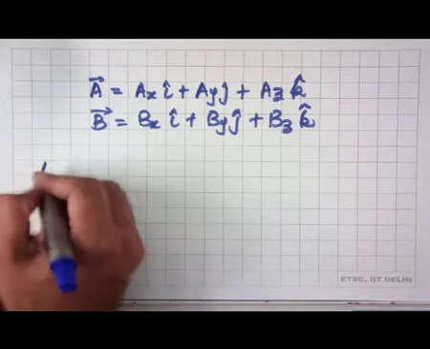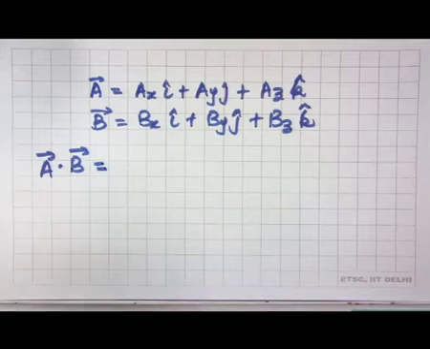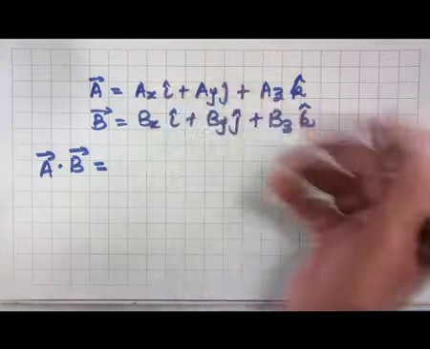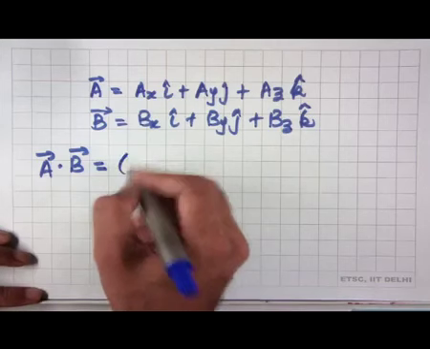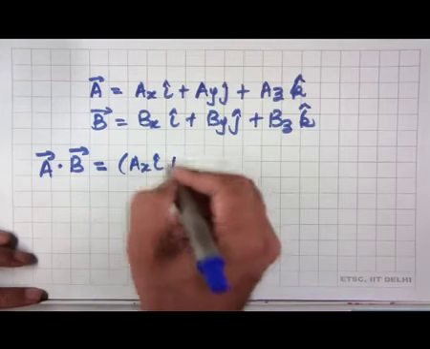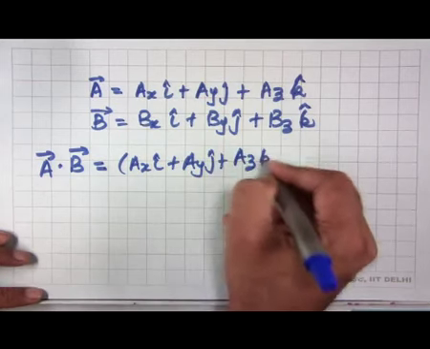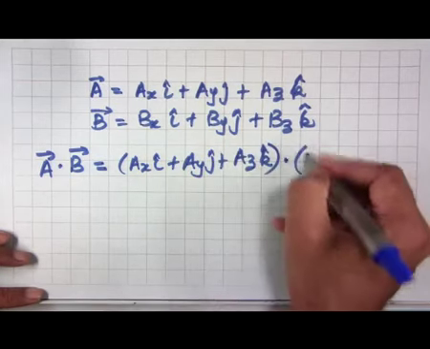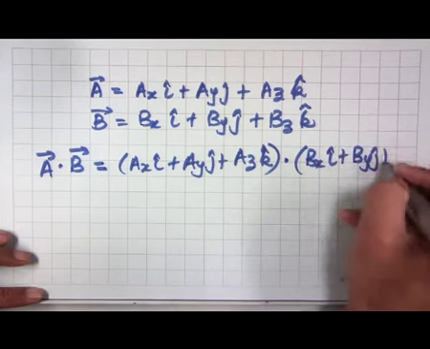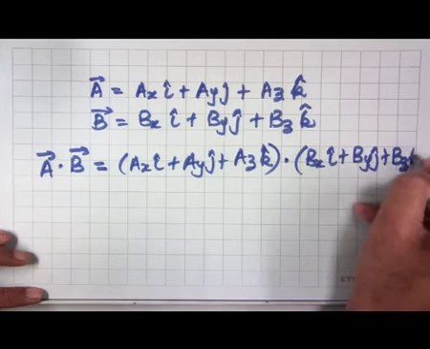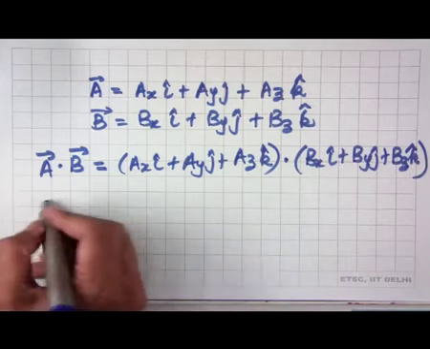Then if we want to write the dot product, A dotted with B, we will use the distributive law to expand these. So, this will be equal to AX i plus AY j plus AZ k dotted with BX i plus BY j plus BZ k, and so now we expand each of these terms again.